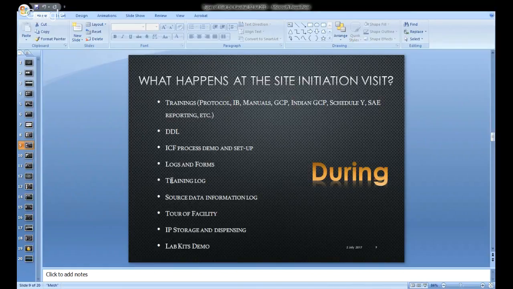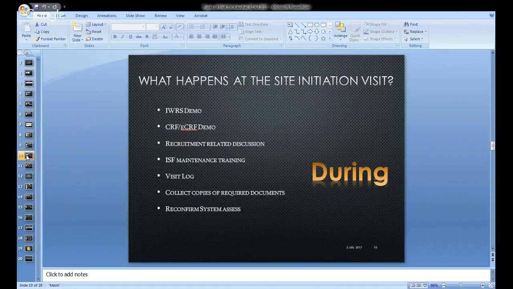Because using the right kit at the right time is really very important. IWRS depot. Do a trial run for a dummy patient so that how the reports are generated can be easily explained on a reality basis.